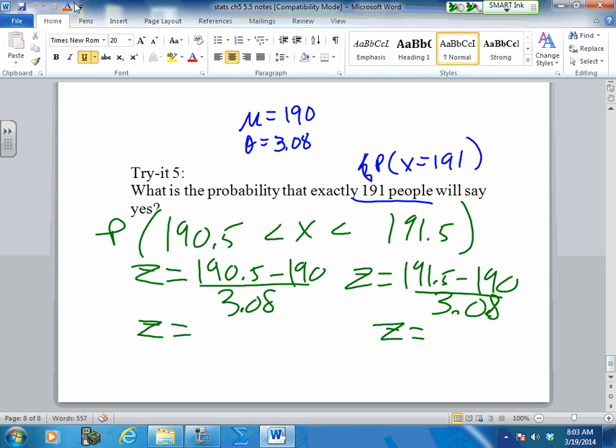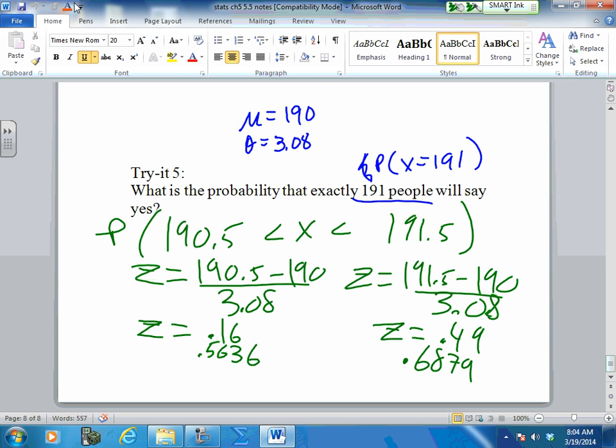And the other one's 0.49. They're both close to the mean, right? So they're both close. 0.5637. 0.6879.